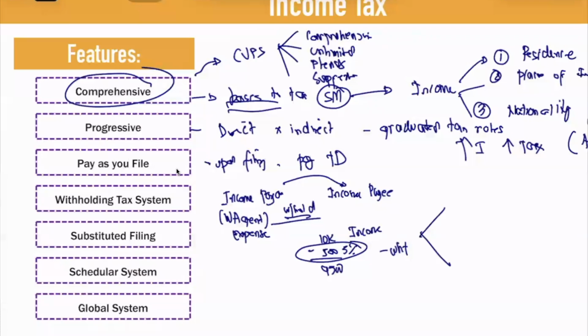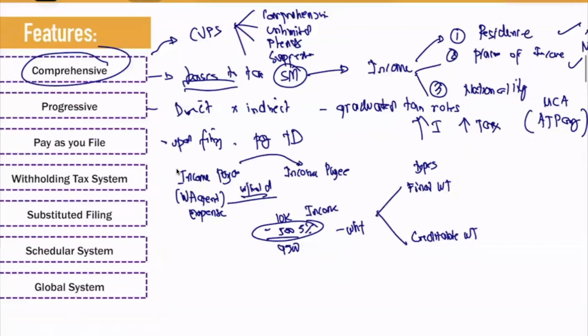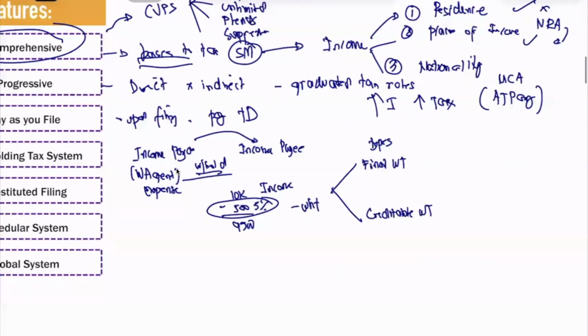And when we talk about withholding tax, there are two types of withholding. So what are those types of withholding? That can be a final withholding tax or a creditable withholding tax. So what is the difference of a final withholding tax to a creditable withholding tax? The first difference is the amount withheld.